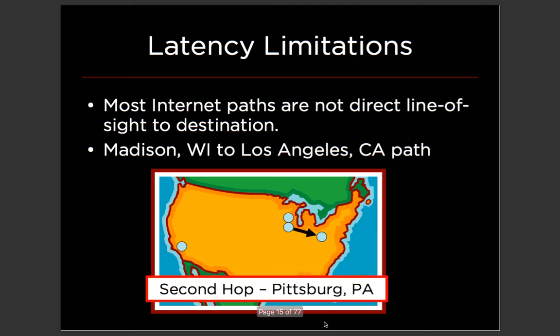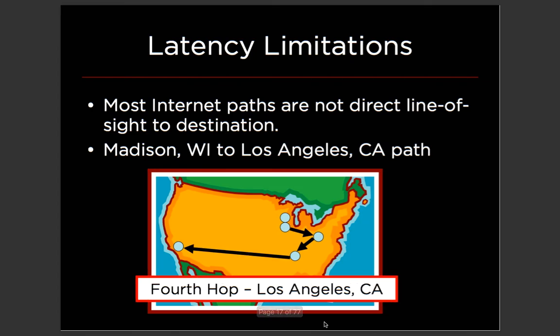From Chicago, it went to Pittsburgh, Pennsylvania. From Pittsburgh, it went to Nashville, Tennessee, and then from Nashville, it took a hop over to Los Angeles, California. So this is quite common, that the path that a packet takes is not line of sight, or as the crow flies, but in fact is a much longer path, simply because of the way the links in the internet physically traverse.